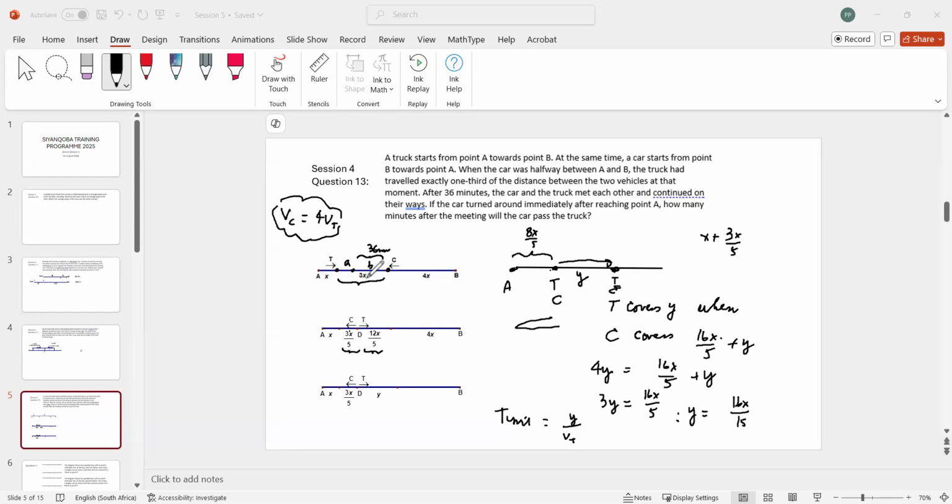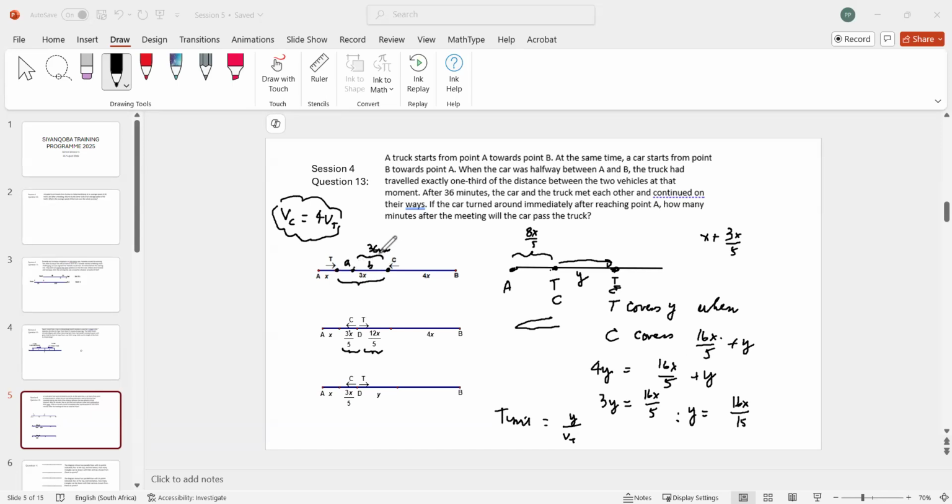Now, here's something else. It took 36 minutes. We haven't used this here, the 36 minutes. It took 36 minutes for the car to meet the truck.